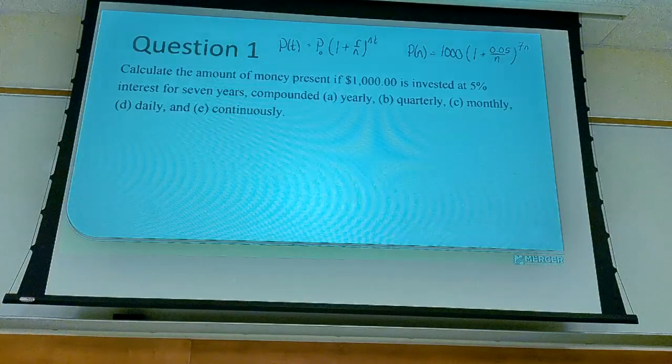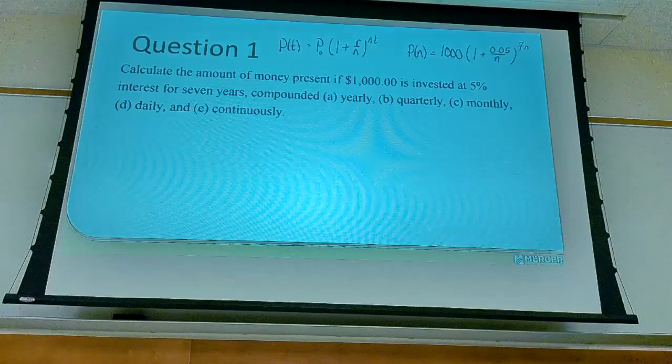So I can write it that way. This function models this savings account, let's call it a 7-year bond, under different compounding scenarios.